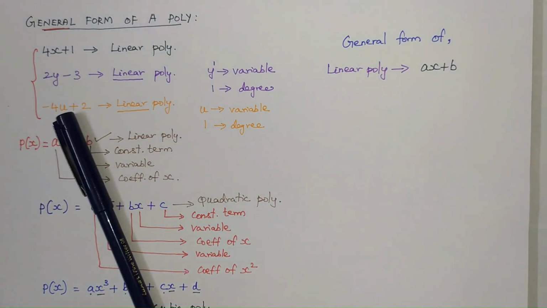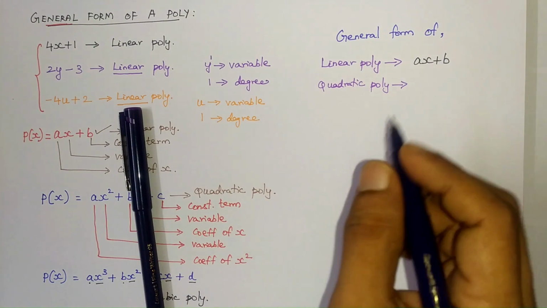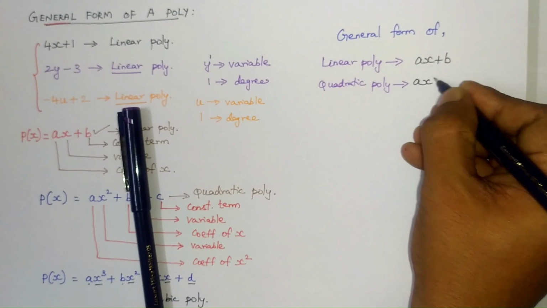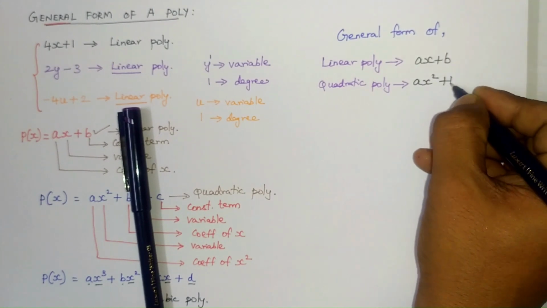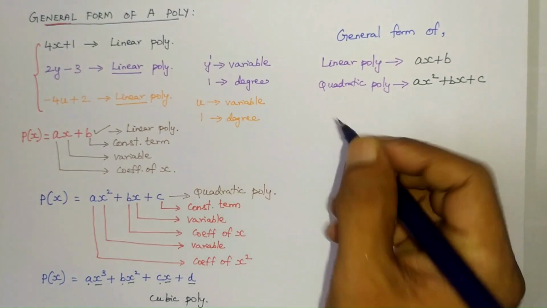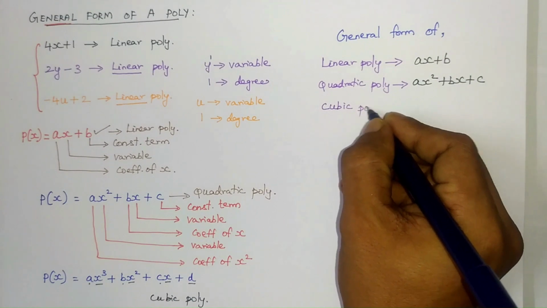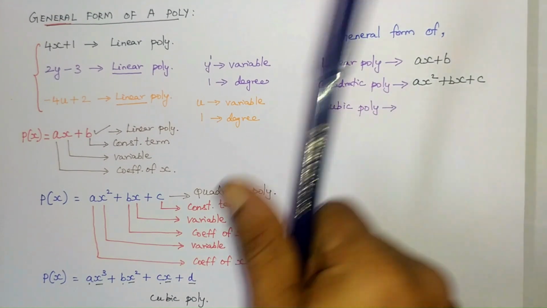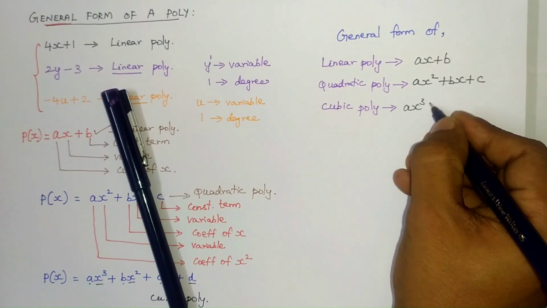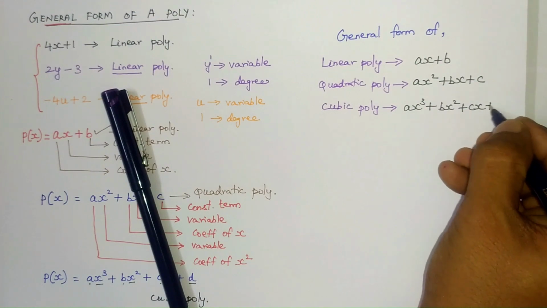The general form of a quadratic polynomial is ax square plus bx plus c. Similarly, the general form of a cubic polynomial is ax cube plus bx square plus cx plus d.